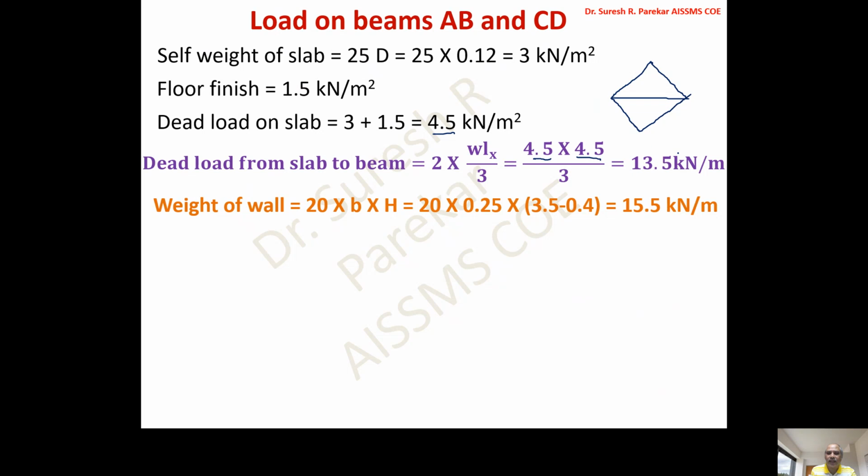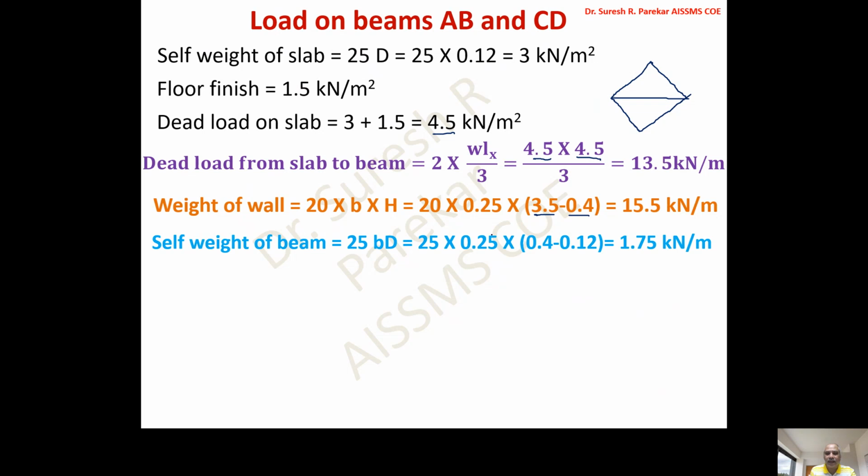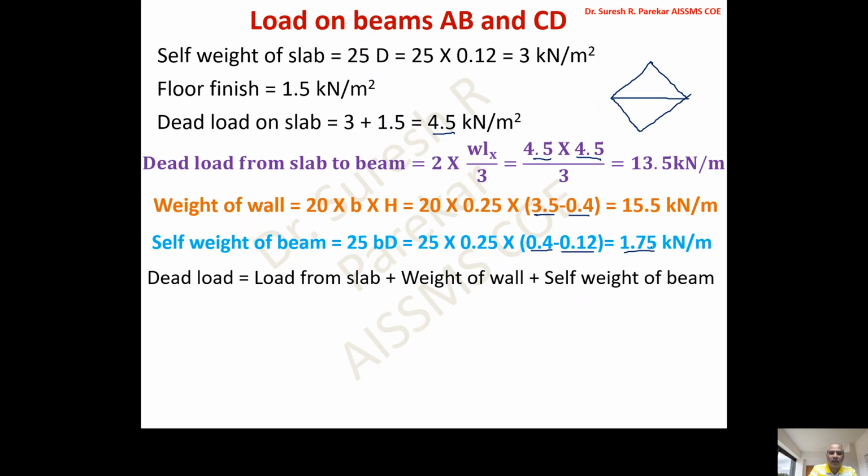Weight of wall we have 20 into B into H, floor to floor height 3.5 and depth of beam 0.4, so we have 15.5 kilonewton per meter. Then we have 25 into 0.25 into 0.4 minus 0.12. This 0.12 is the depth of slab which we have subtracted from depth of beam, and we have 1.75, and total dead load we will get as 30.75 kilonewton per meter.